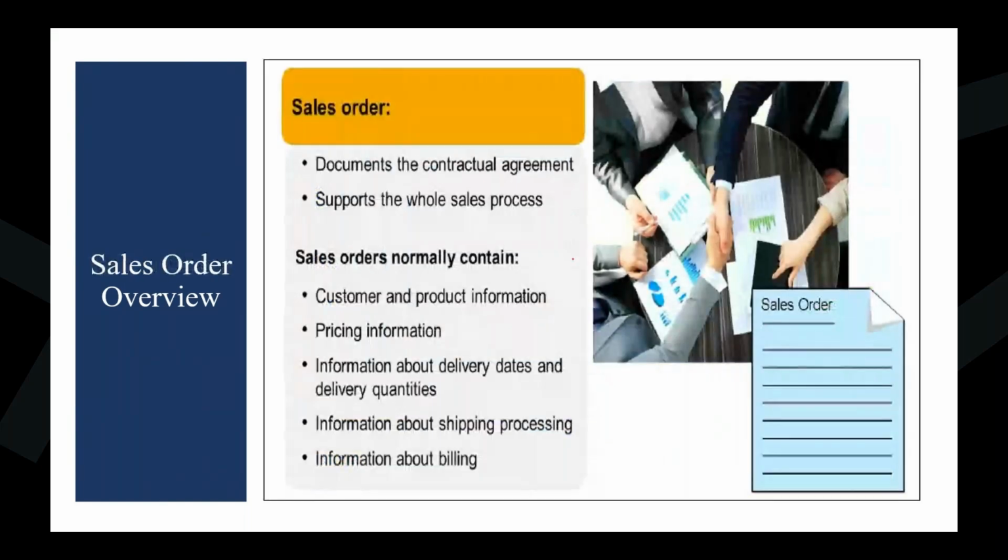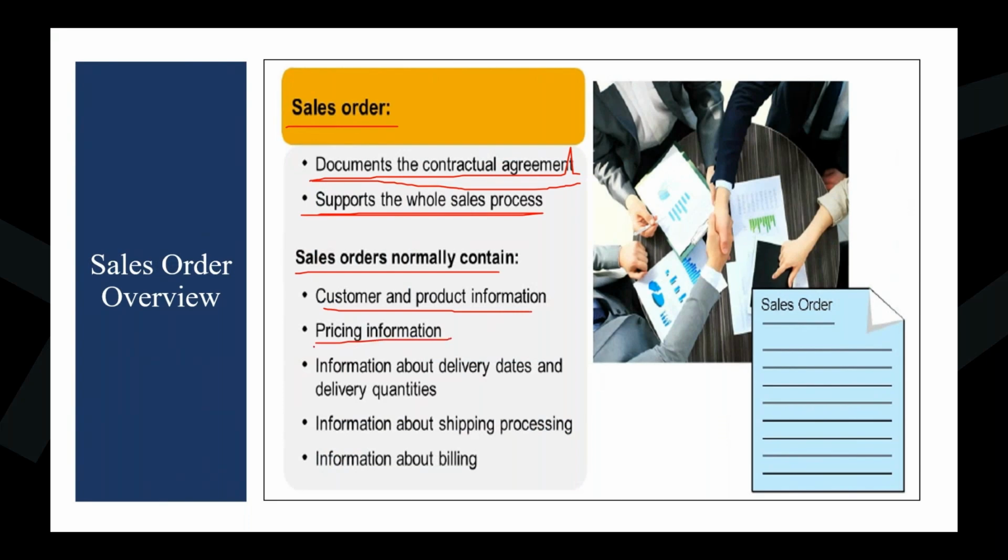Basically, the sales order documents the contractual agreement. So we are coming up with one kind of agreement with the customer, and it supports the whole sales process. The sales orders normally contain customer and product information. I'll show you this in the system.